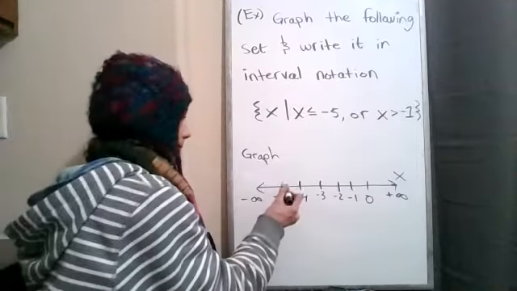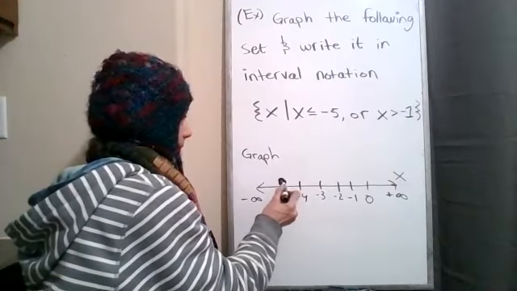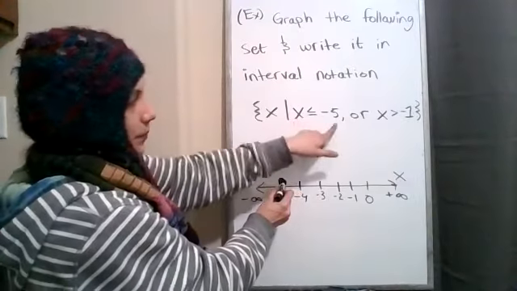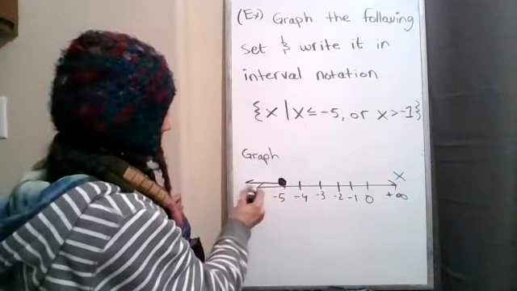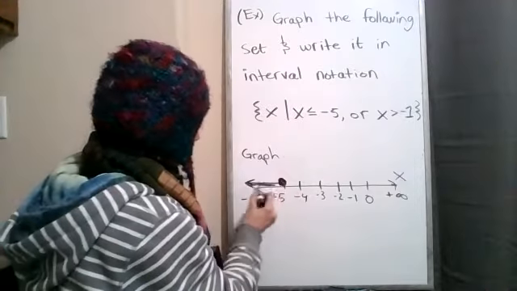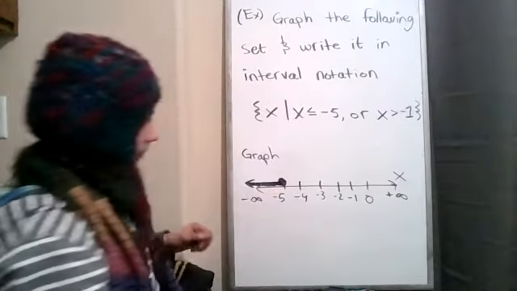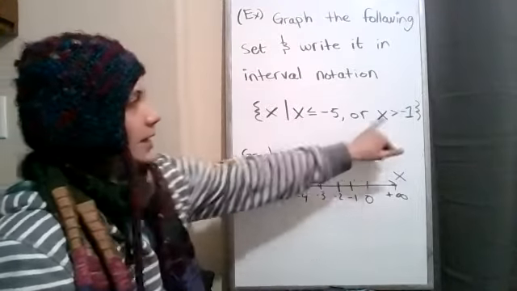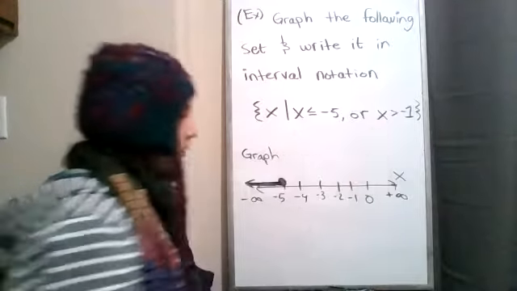Closed circle. And those x values are going to go to negative infinity. And then greater than -1, let's put an open circle here.